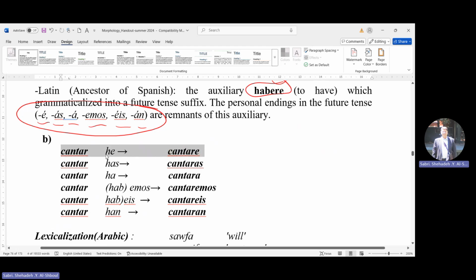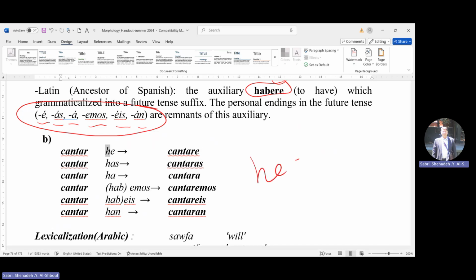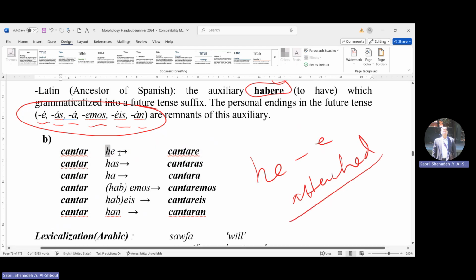So this he, habeo, grammaticalized into é. So here we have habeo becomes é, and then it is attached to the full surrounding form. Cantarás, the same. Cantará, cantaremos, the same. Cantaréis, and cantarán.